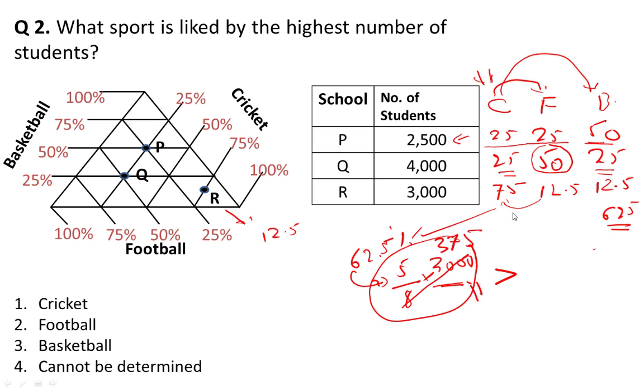Let's come to R. Here cricket is liked by 75% compared to basketball only 12.5% in school R. So this difference is 62.5%, which is again equal to 5 by 8, and 5 by 8 of 3,000.